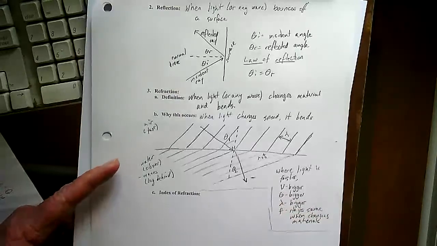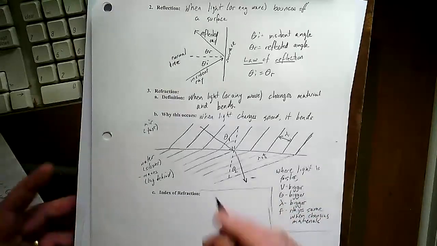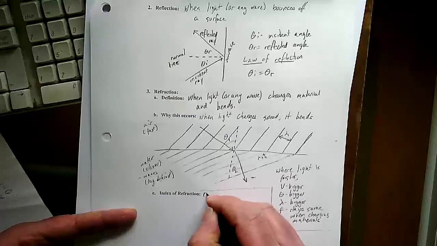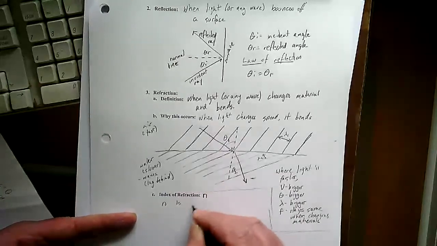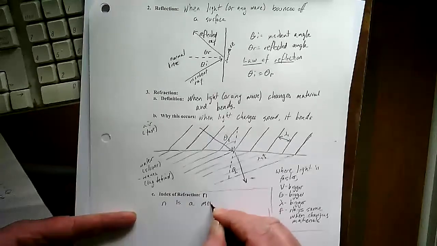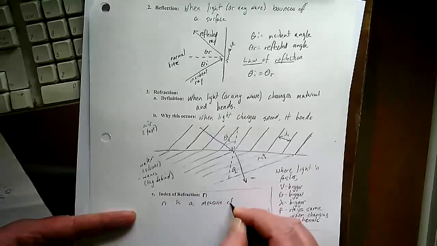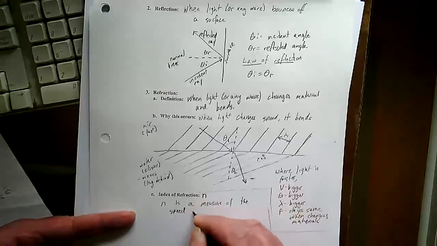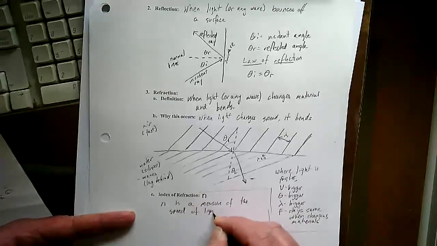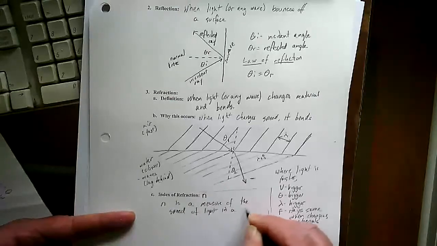Okay? Now, index of refraction. And the letter for the index of refraction is N. N is a measure of the speed of light in a material.